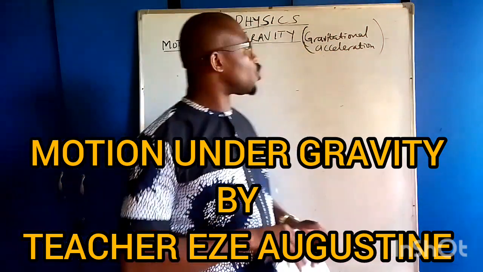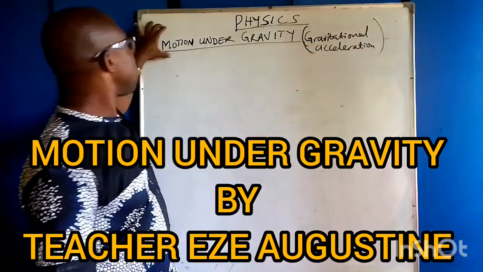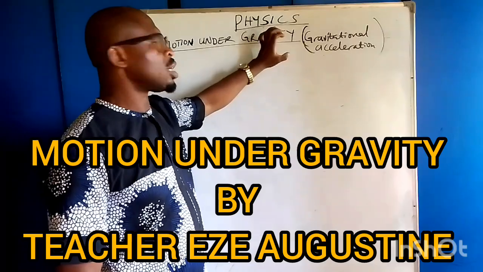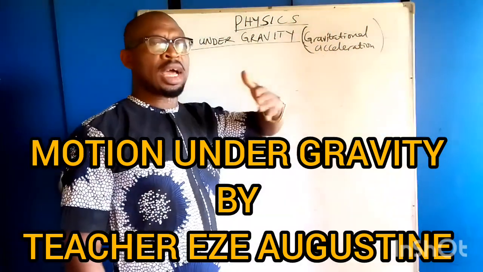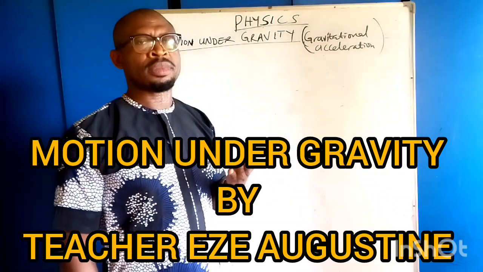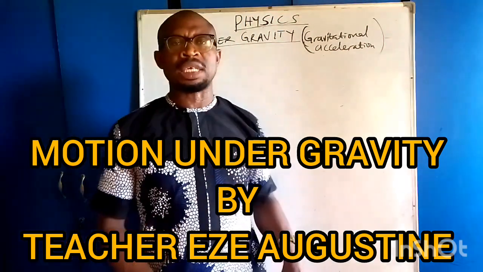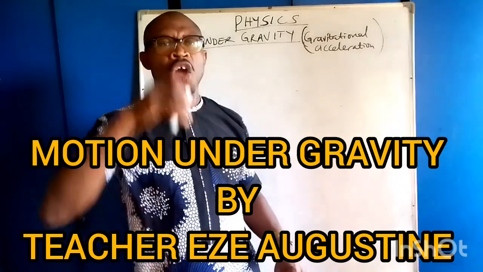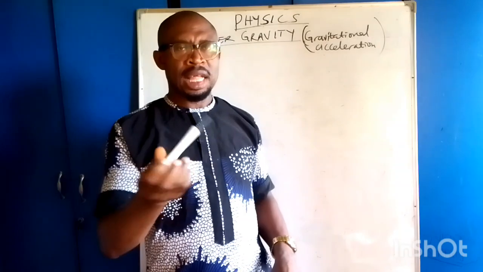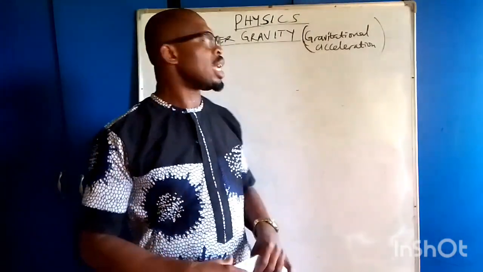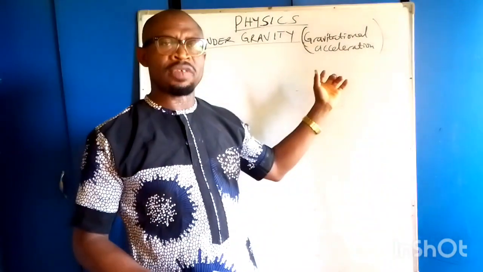Today, I want us to look at motion under gravity, otherwise known as gravitational acceleration. Now, if an object is thrown into space or is dropped from a certain height, the motion of that object is affected by gravity.